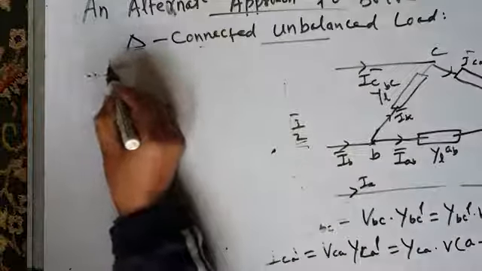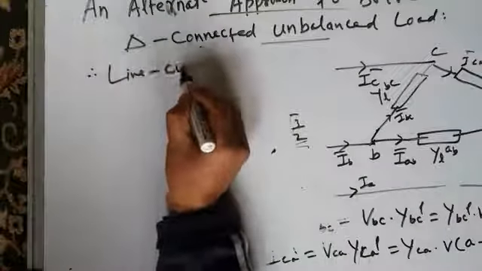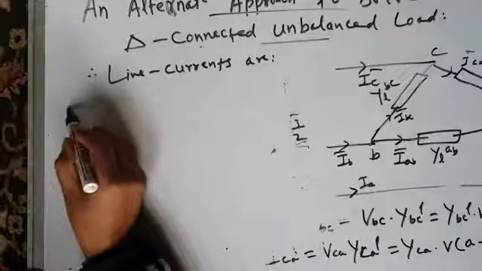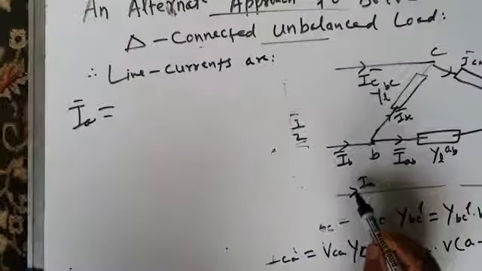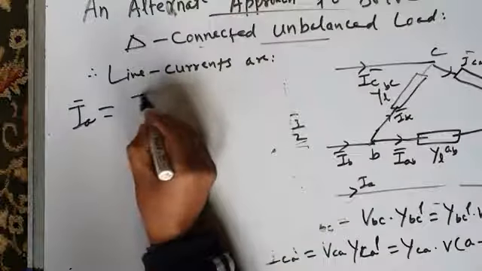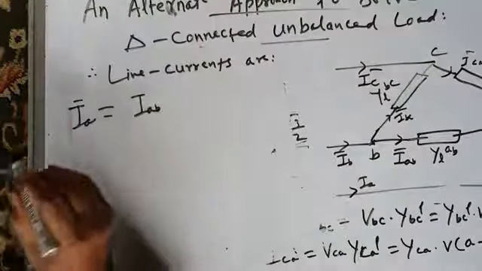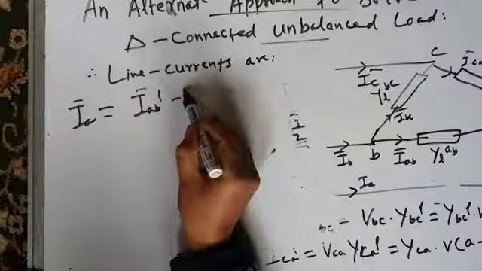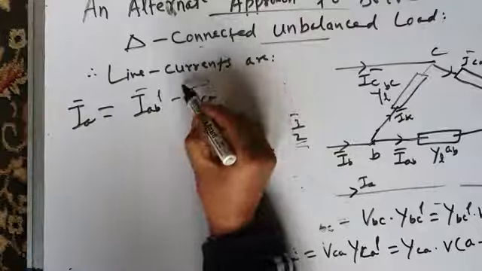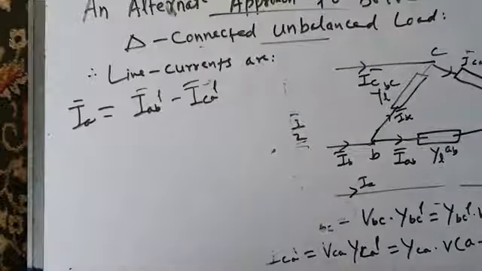So therefore we can find line currents. For example, what is line current IA? This line current IA is IAB minus ICA. It is IABL minus ICAL. So that is your IA, IABL minus ICAL.